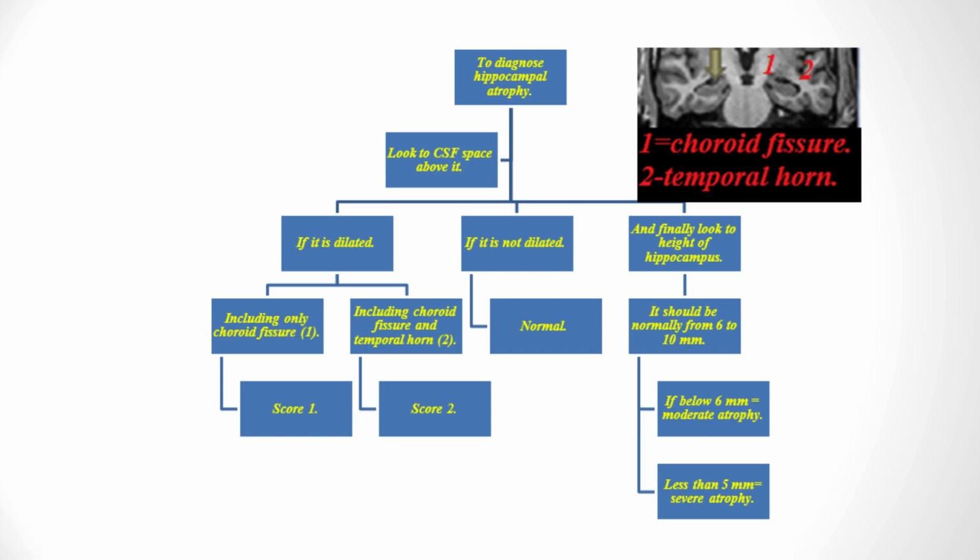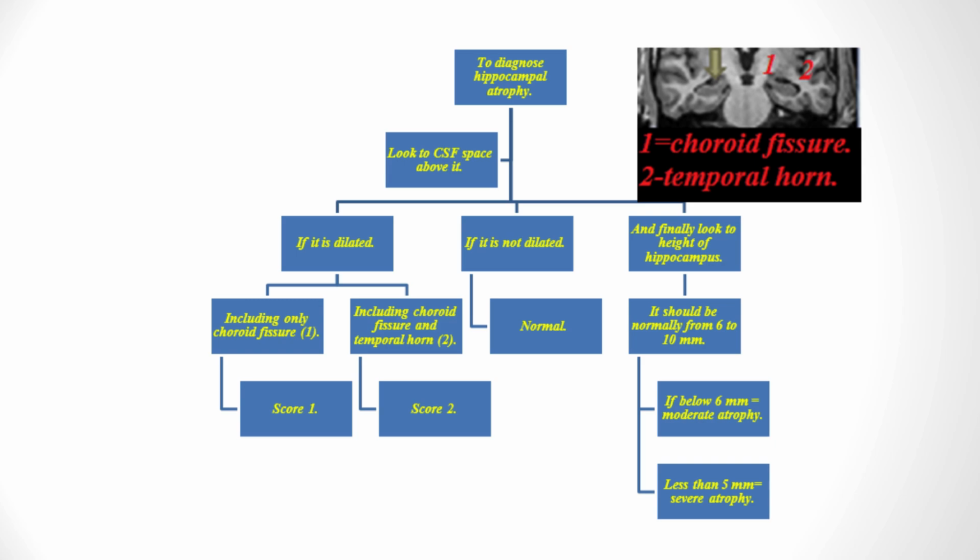To diagnose hippocampal atrophy, look at the cerebrospinal fluid space above it. If it is dilated, including only the choroid fissure, number 1, it equals score 1. But if it includes the choroid fissure and temporal horn, number 2, score 2.